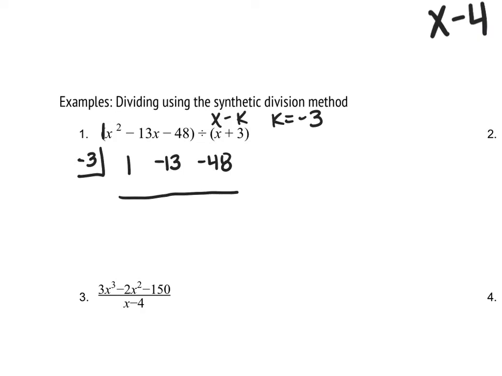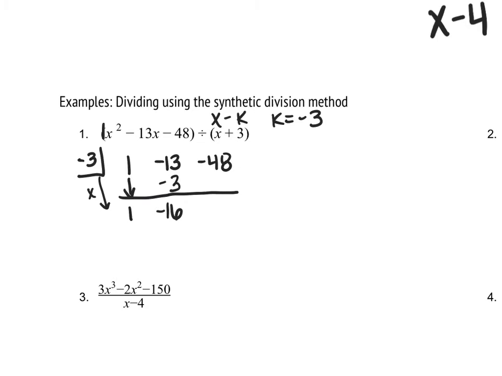Okay, so we always bring down our first one, and then we multiply. So -3 times 1, that's going to give me -3. Then we're going to add that column, so -13 and -3, that's going to give me -16.